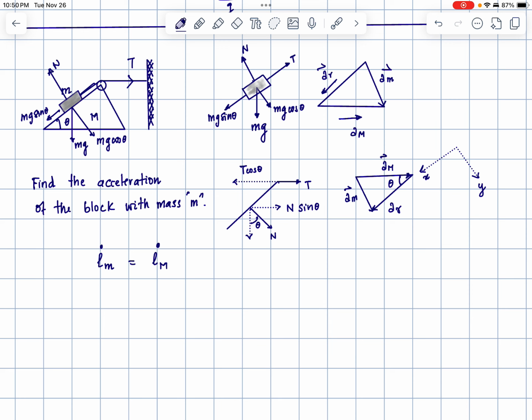Okay, and if I put a double dot here, that represents the acceleration of the little block. I'll write this: acceleration of the little block equals acceleration of the inclined plane.